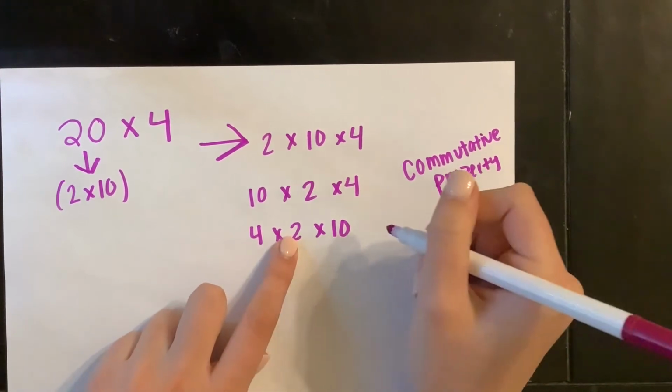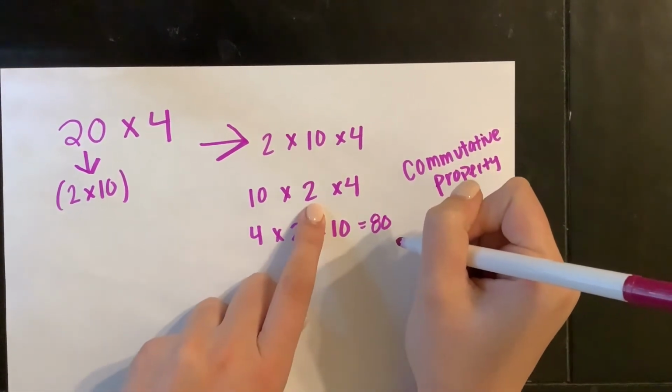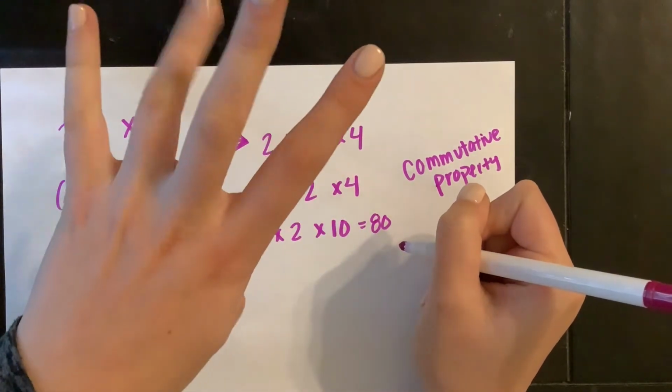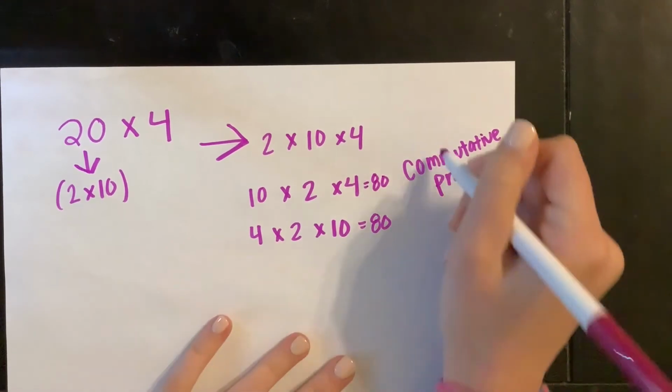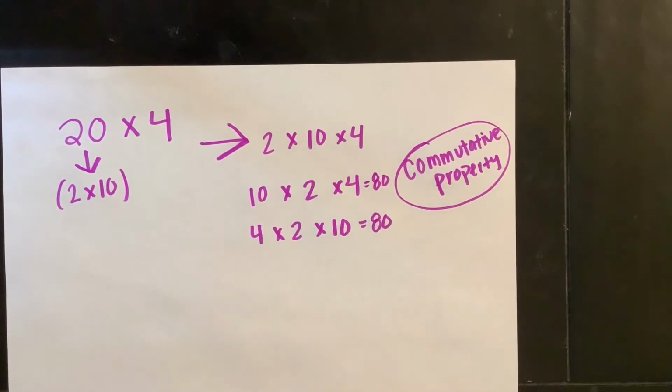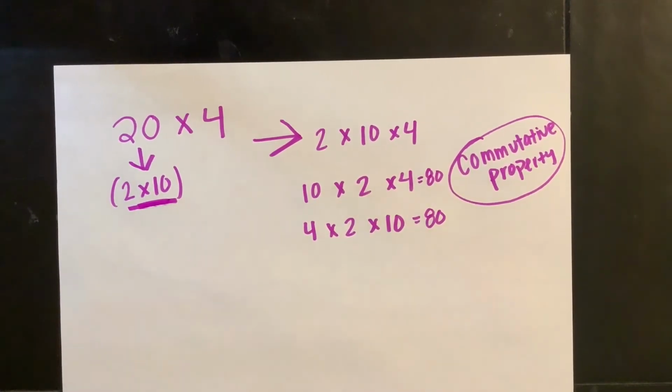4 times 2 is 8, times 10 equals 80. 10 times 2 is 20. Times 4, 20, 40, 60, 80. That's the commutative property. But what happens when we can't find those tens?